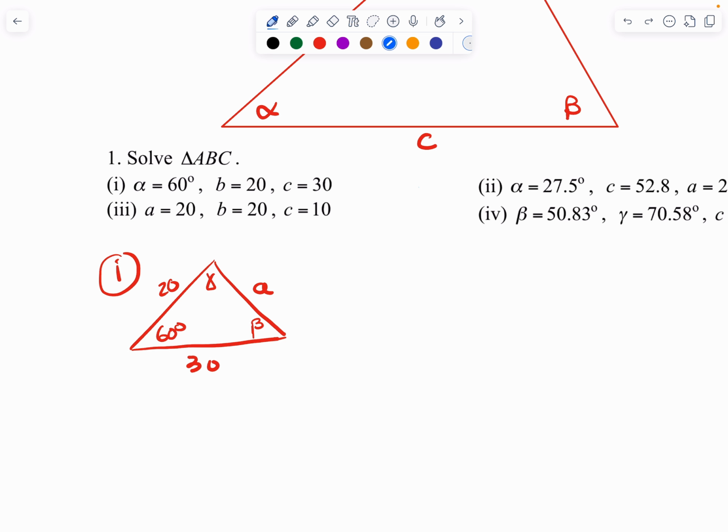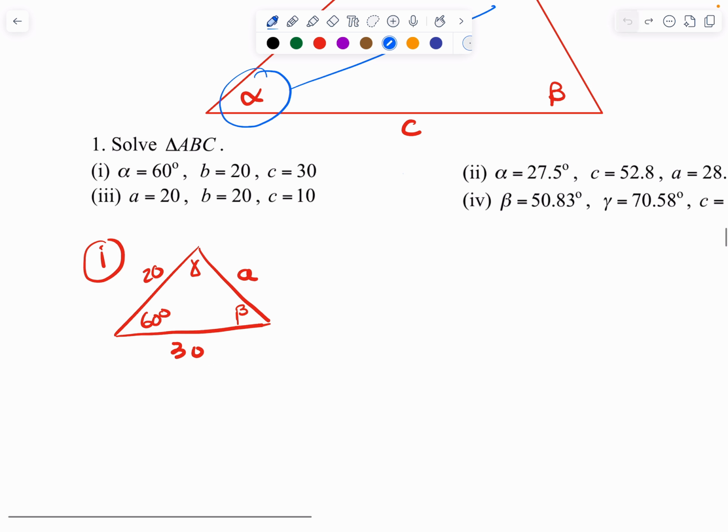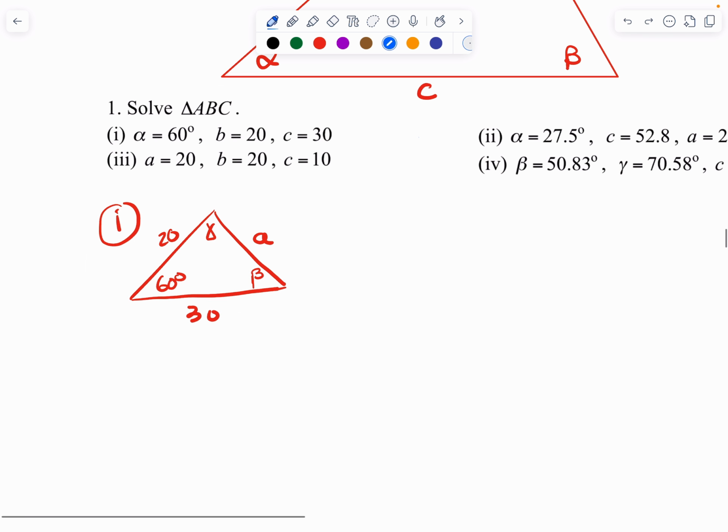To use the law of sines, you need to be given an angle and the side opposite the angle. Here we don't have that information, so we're stuck with the law of cosines.